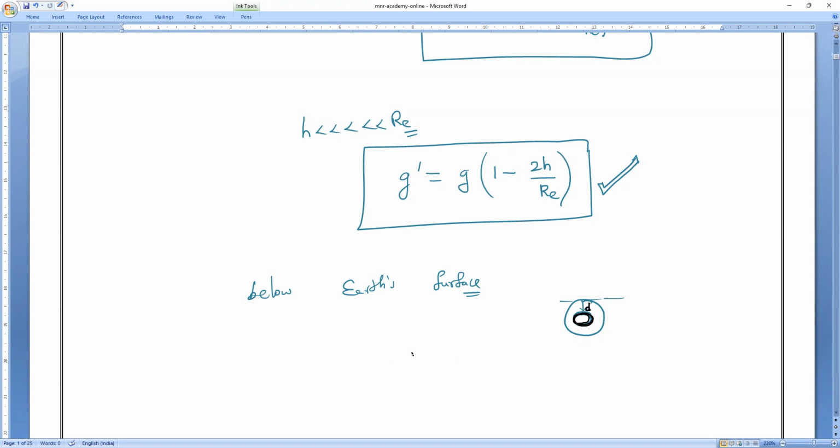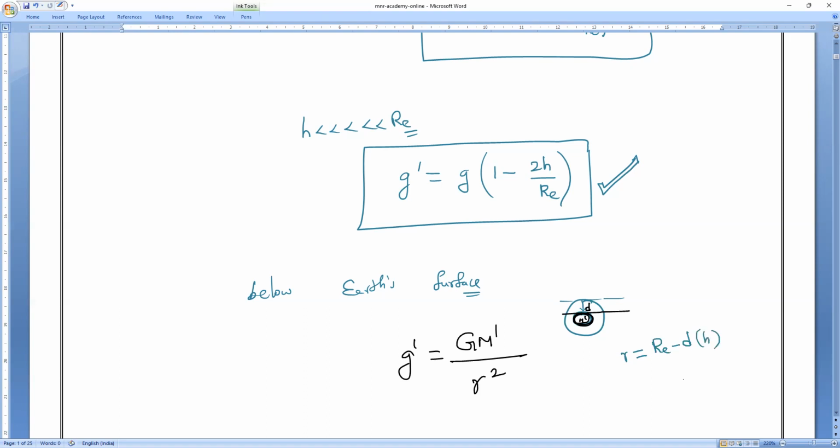In this case, what is g dash at this depth? g dash is equal to G times M dash divided by R square, where M dash is the mass of the inner layer. But here, what do you mean by R, everybody? My earth is a solid sphere, so the radius of the earth minus the depth.